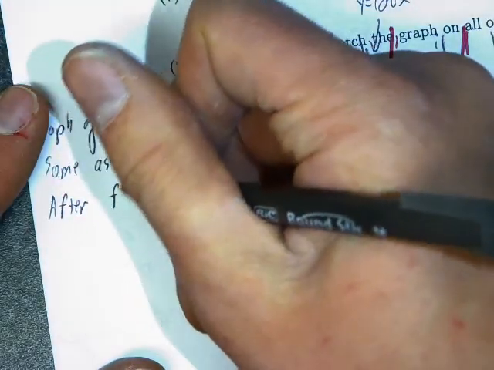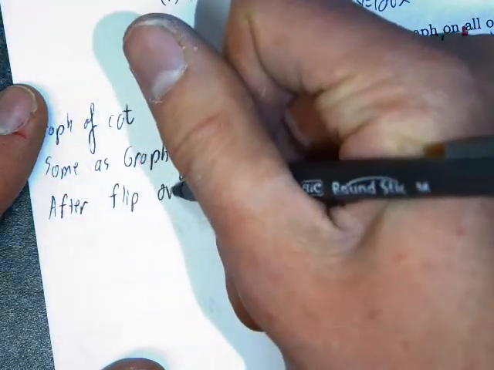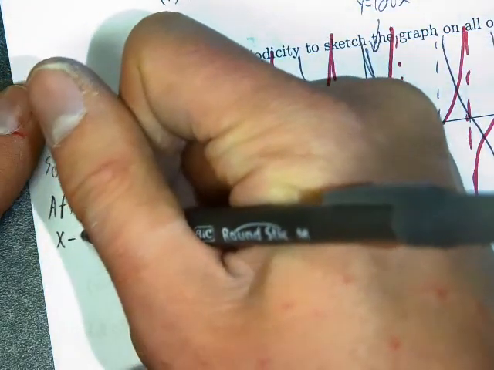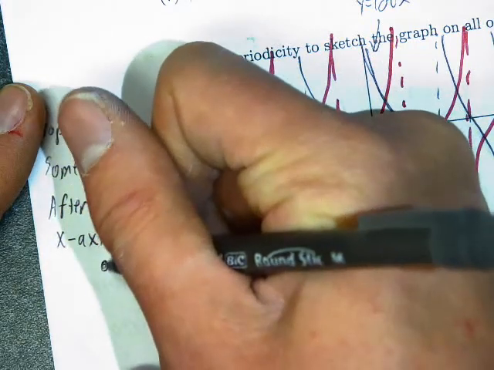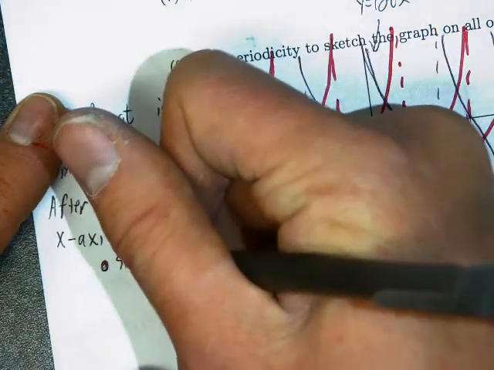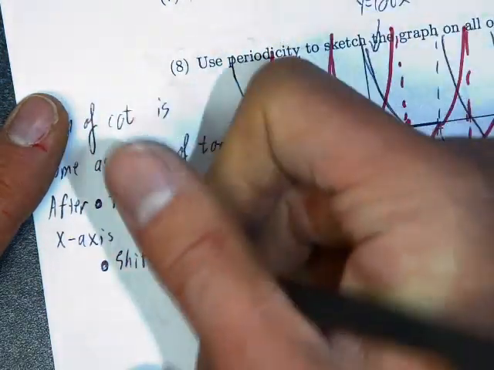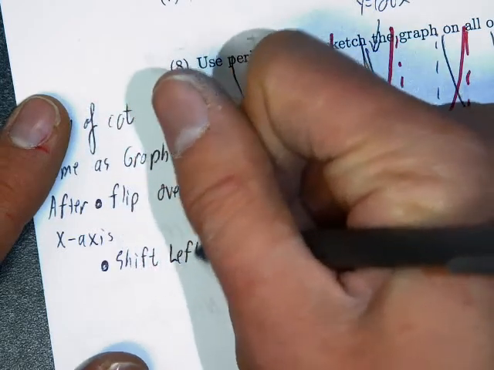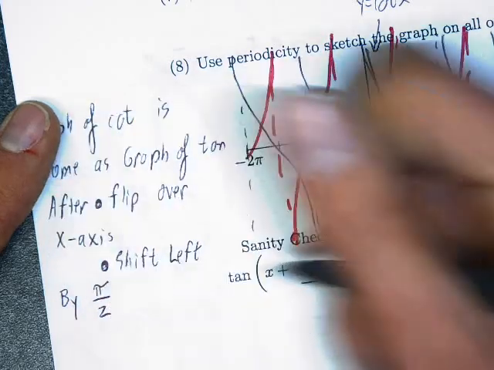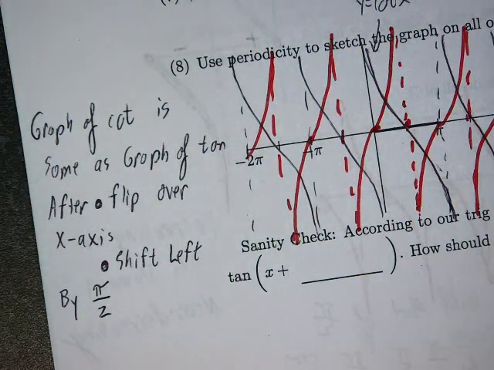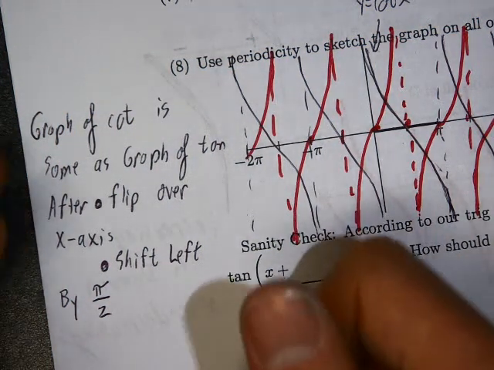After we flip over the x-axis, and then we shift, right or left doesn't matter, but I'll go left, by pi over 2. Well, that means something.